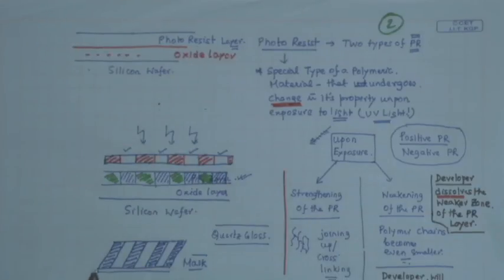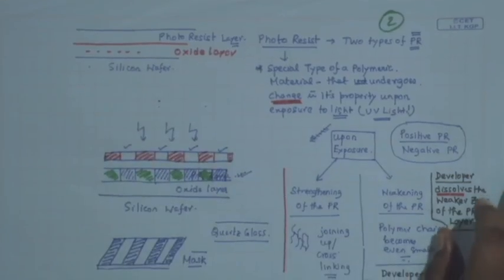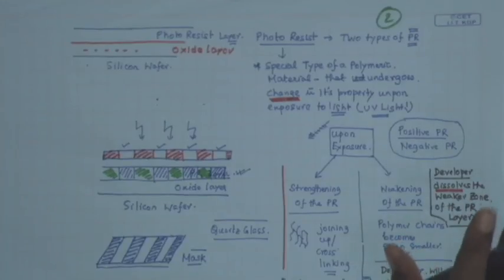So, what is the first step? Just the way before growth of the oxide layer you cleaned your silicon wafer, you need to ensure that your oxide layer, after the barrier layer has formed, is clean and dry. That is the most important thing, because silica also absorbs a lot of water, and if water is present, that is going to be disastrous for your photoresist processing.